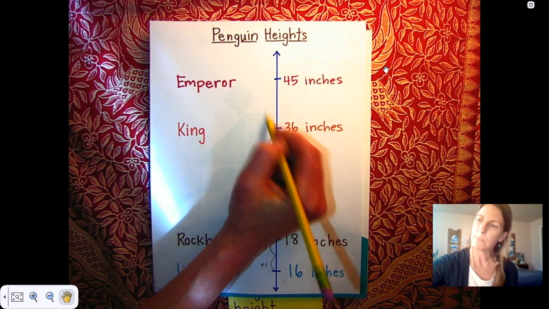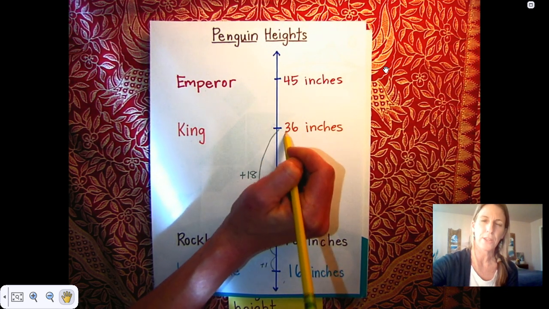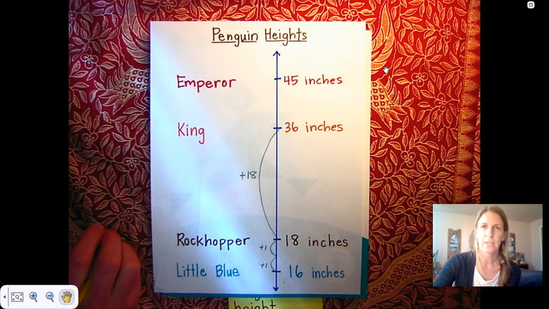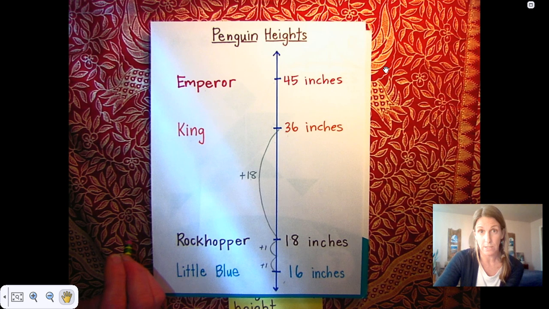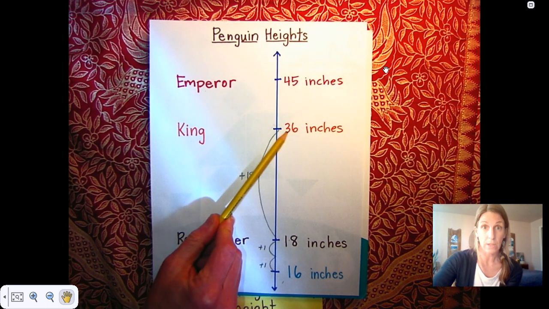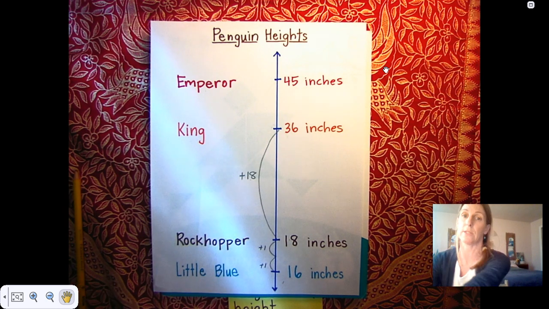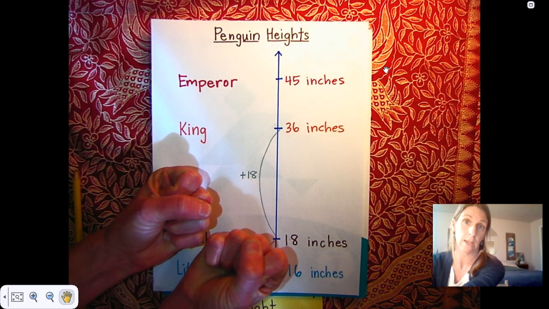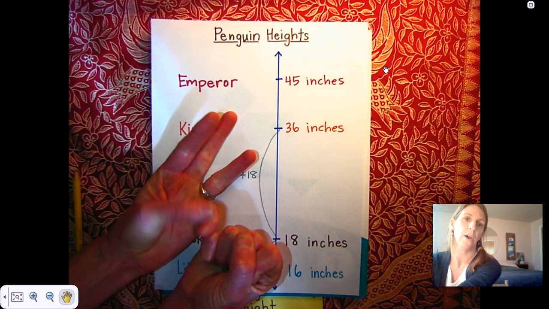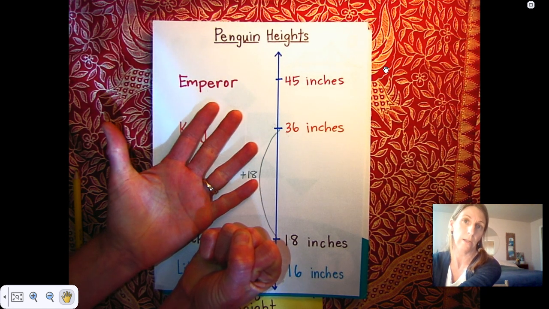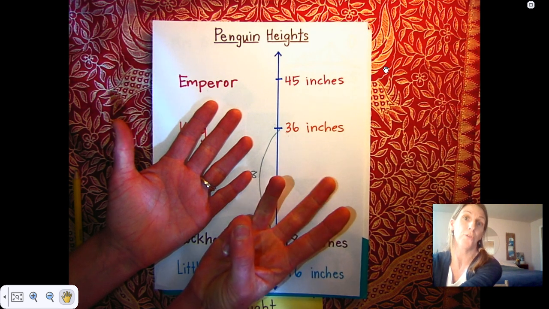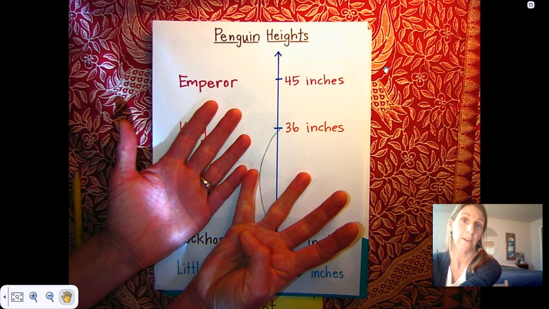Now, how about this space or this difference between 36 and 45? Well, there's lots of different ways to figure it out. You could just count on using your fingers. Starting with the littler number 36, you could say 36, 37, 38, 39, 40, 41, 42, 43, 44, 45.